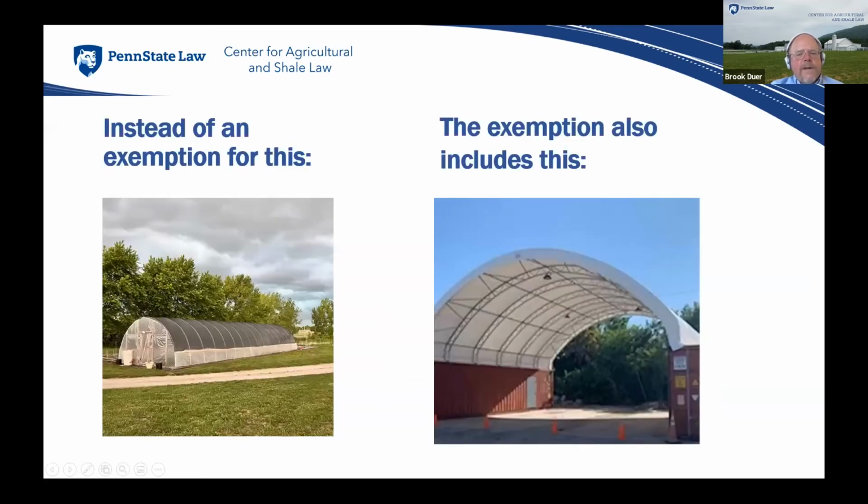I can't tell you how many times I've run into this issue with someone who's simply trying to put up a high tunnel of this nature, or 2 or 3 of them, and just gets hit with massively expensive requirements from the township with regard to stormwater controls, because it's one-size-fits-all from the township's perspective. They're recommending what would work for what we have here on the right.